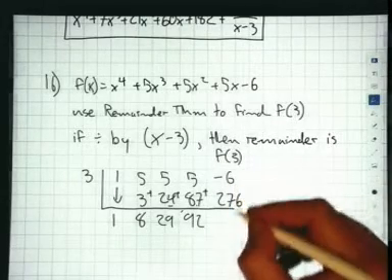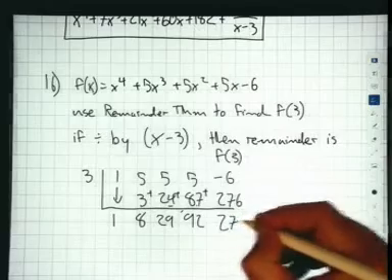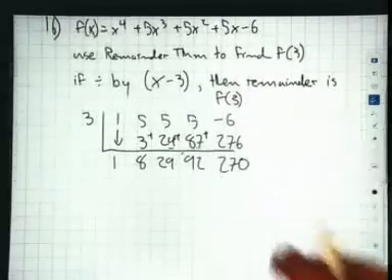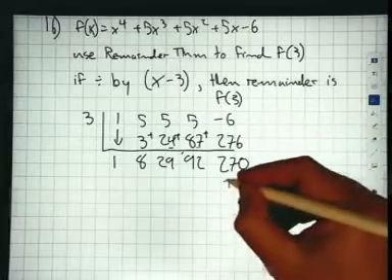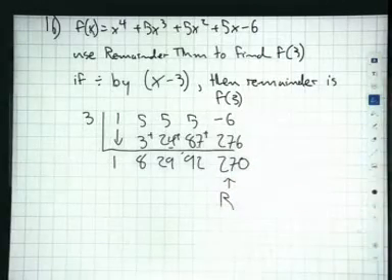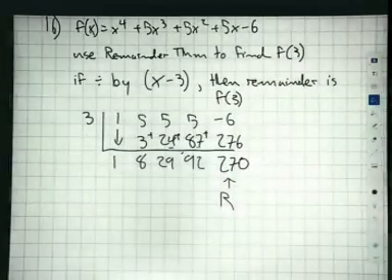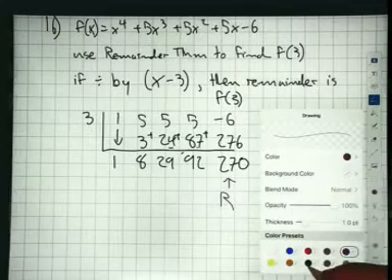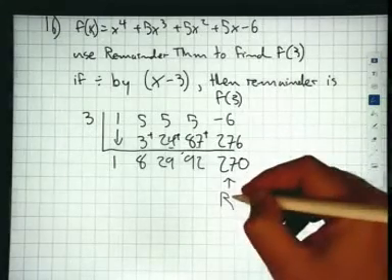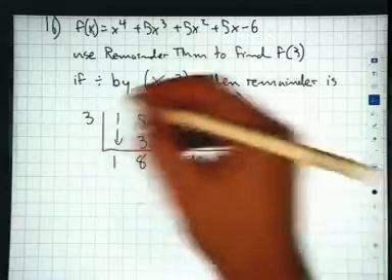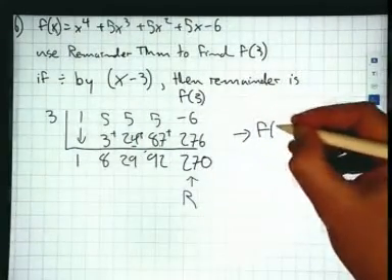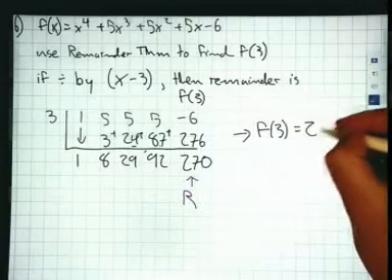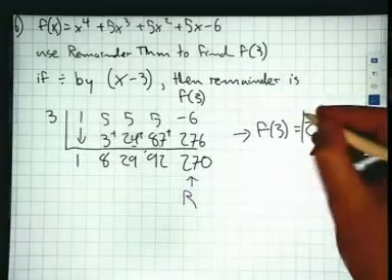Add the negative 6 together, that's going to be 270. We've been doing this enough now to know that this is our remainder. So this theorem states that the remainder is going to be the function evaluated at 3. So that means that f at 3 is 270.